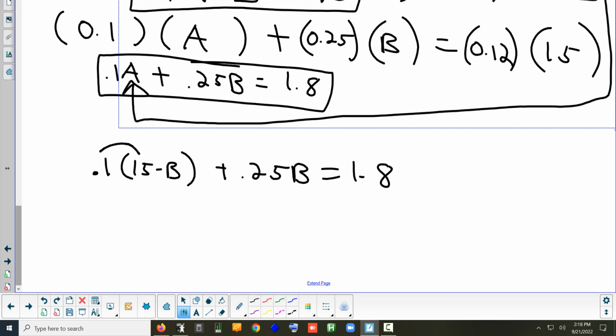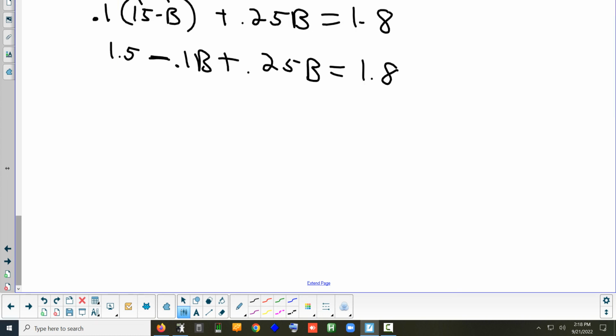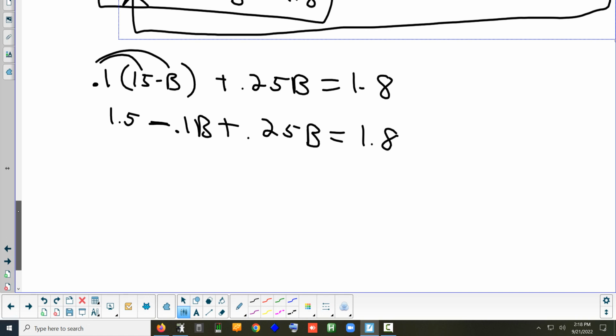What's 0.1 times 15? Yep. 1.5. 0.1 times negative b is just negative 0.1b. And we'll just copy the rest. Any like terms on the left-hand side?